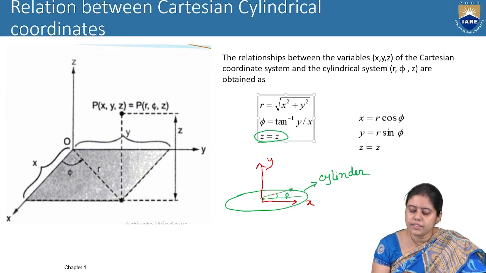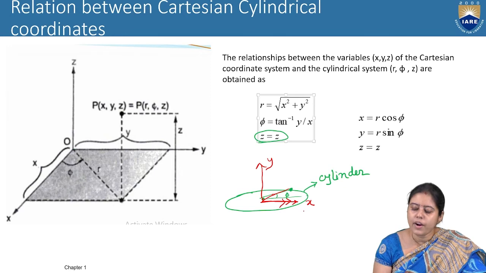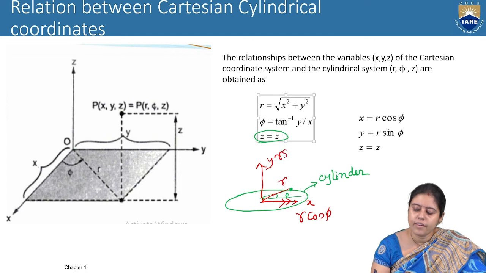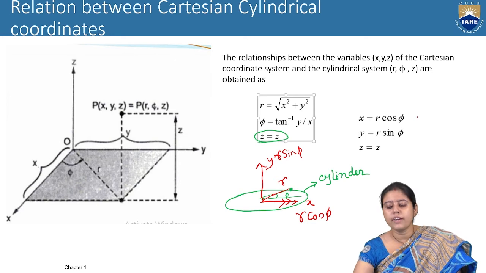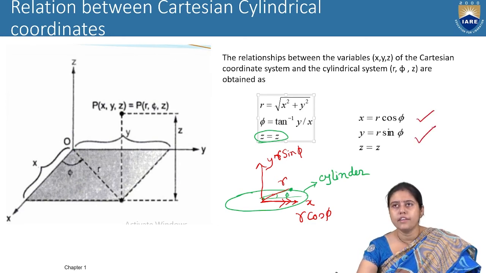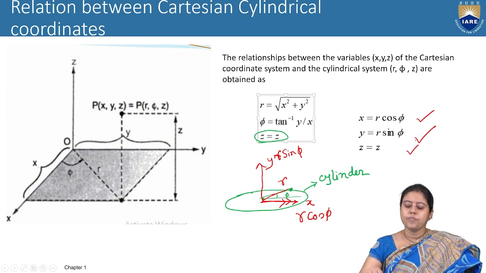So this line has two components. One is along the x-axis, and what is the value? R cos phi, because the radius value is R. And the y value will be R sin phi. So x is equal to R cos phi, y is equal to R sin phi, and z is constant.